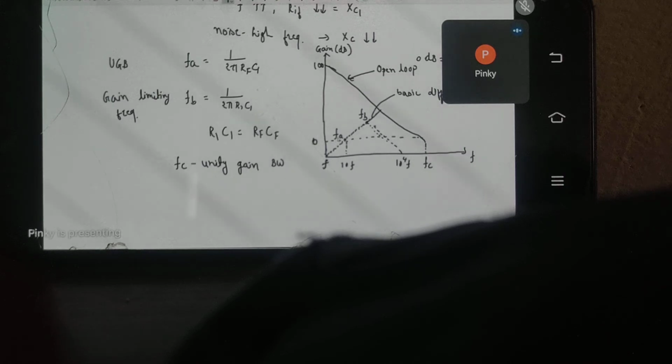When you want to use this circuit as a differentiator, then in which region will you operate this circuit? In which region can you operate it so that it works as a stable differentiator, where the output is a differentiation of the input?